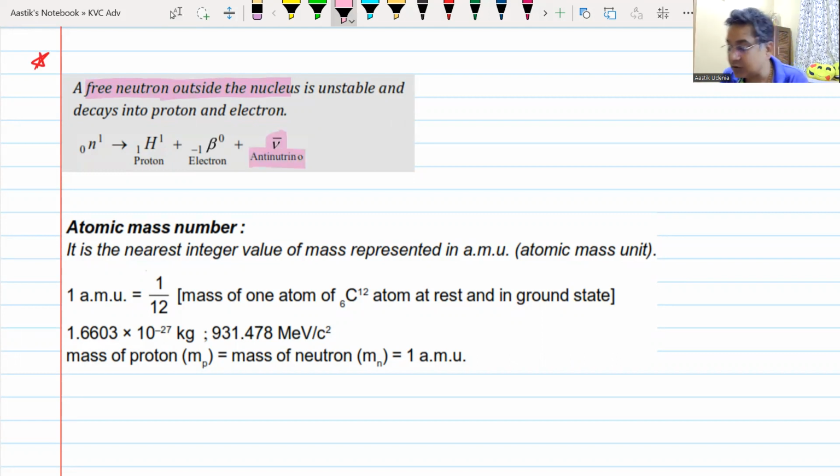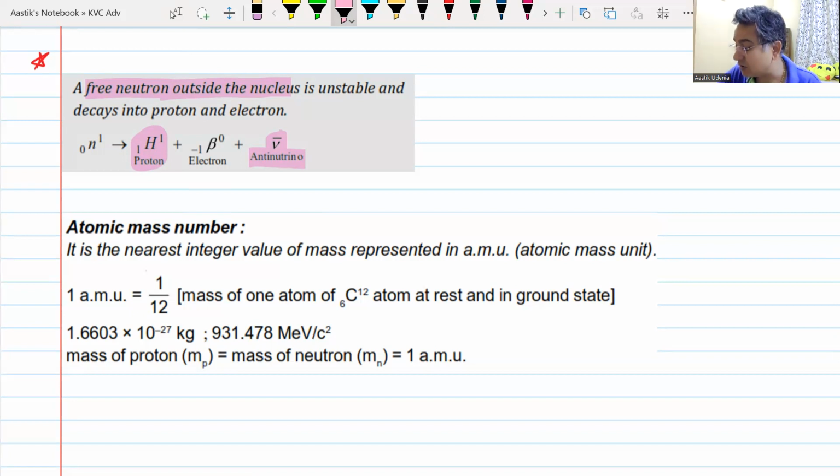This is the symbol of the anti-neutrino. Remember, this 1H1 represents a hydrogen nucleus. A hydrogen nucleus only consists of one proton. So 1H1 is actually the symbol of a proton. You can also use it as a proton. Do you understand this? Yes, sir.